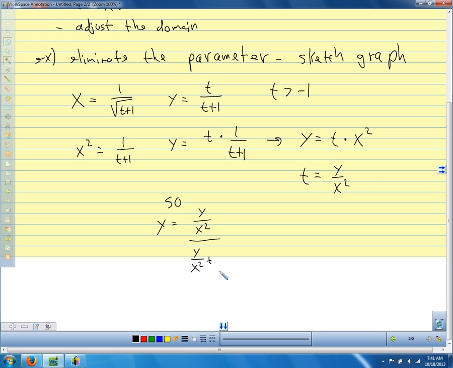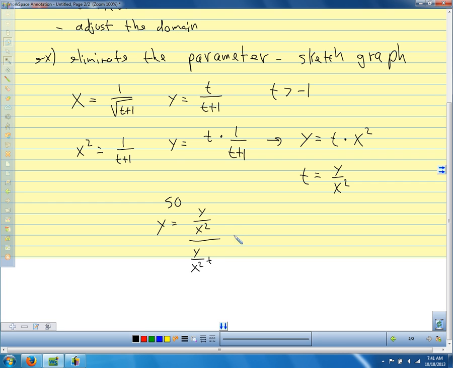Does this help us out? We can simplify this. Should we keep going, or should we use another tactic? Let's just keep going. Let's see where this takes us.